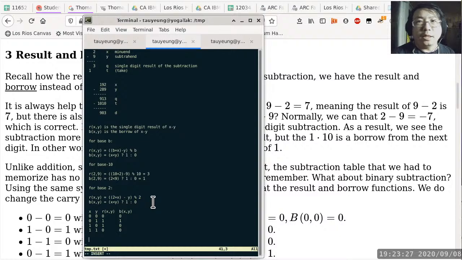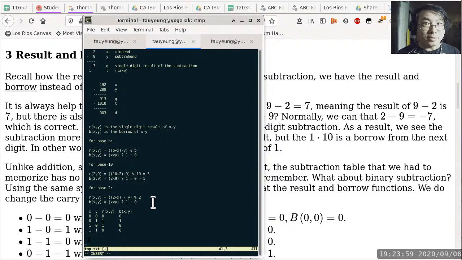The first thing I'm hoping most of you would recognize is that this R function has the same column as the R function of addition, right? Because 0 plus 0 is 0, 0 plus 1 is a 1, 1 plus 0 is a 1, and 1 plus 1 is the other one that has a result of 0 when you look at the R function.